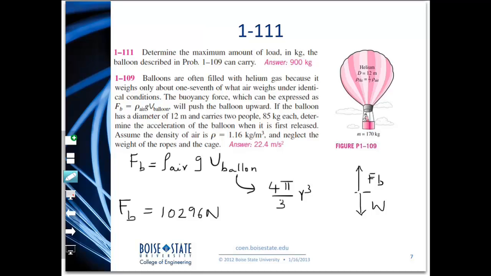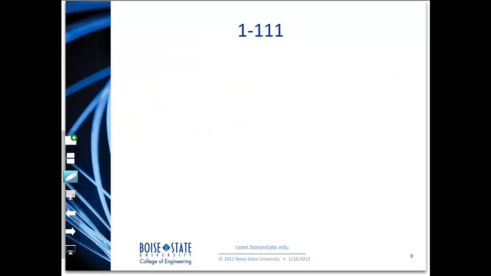Now we have to determine the weight in the problem. However, they want the maximum amount of load, right? So we have an unknown there. So let's see how to do this. The total mass will be the mass of the people plus the mass of helium, right?